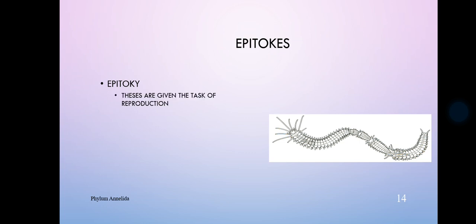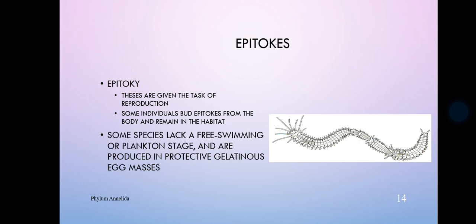These are given the task of reproduction. Some individuals bud epitokes from the body and remain in the habitat. Some species lack a free swimming or plankton stage and produce gelatinous egg masses.